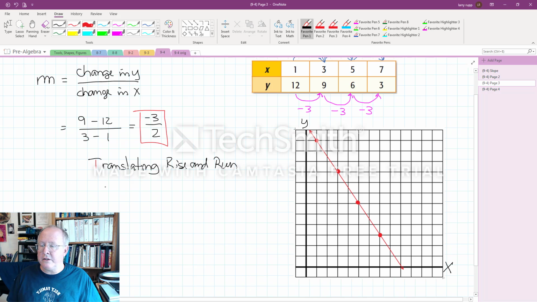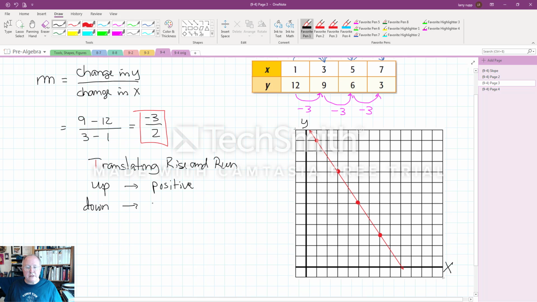All right, so if something is going up, then it's moving in the positive direction. Okay? If something is going down, then that is in the negative direction. If something's moving to the right, okay, that is in the positive direction. If something is moving to the left, that is in the negative direction.